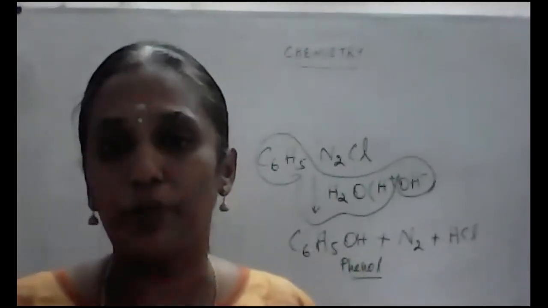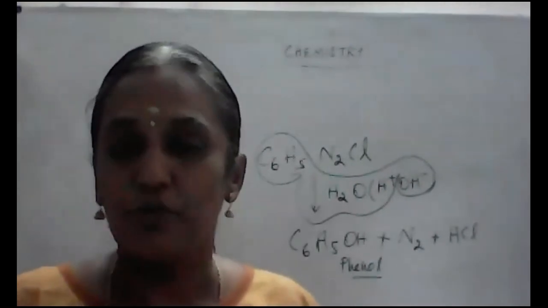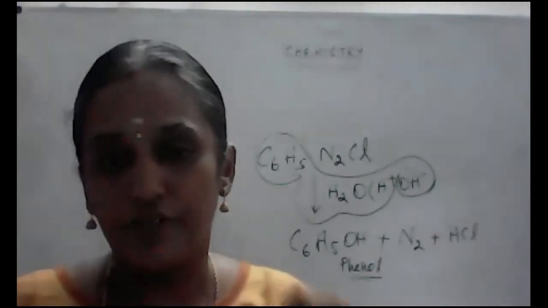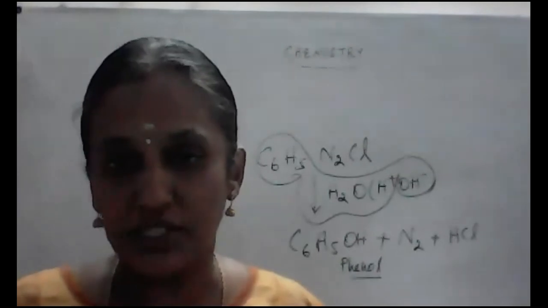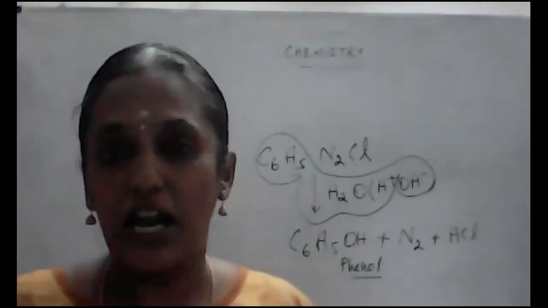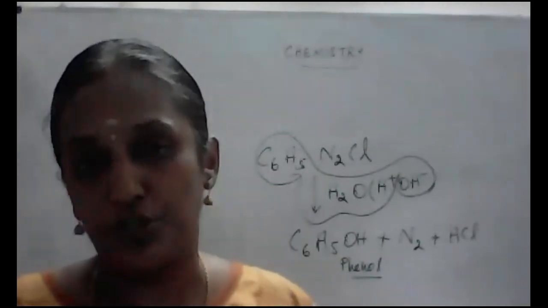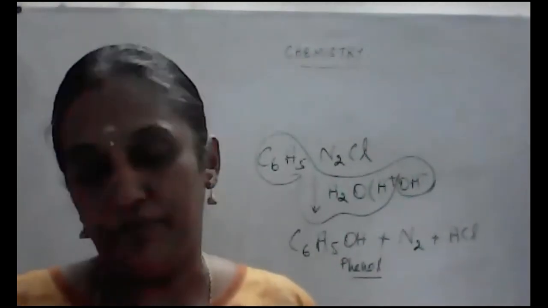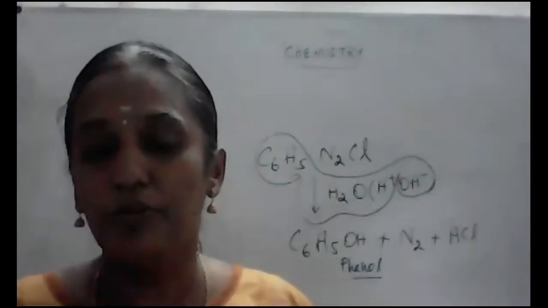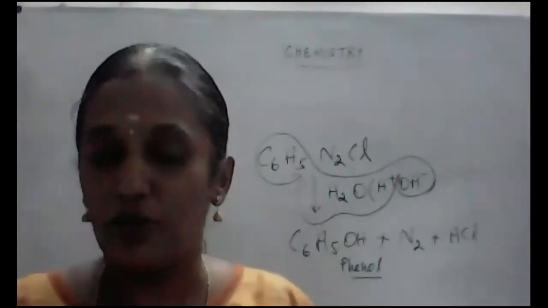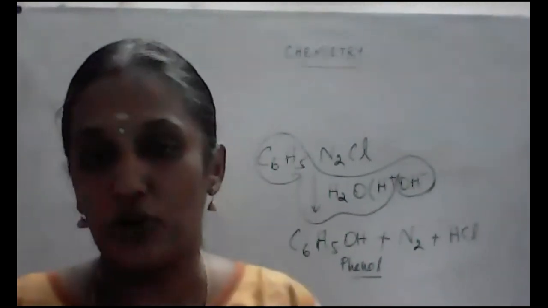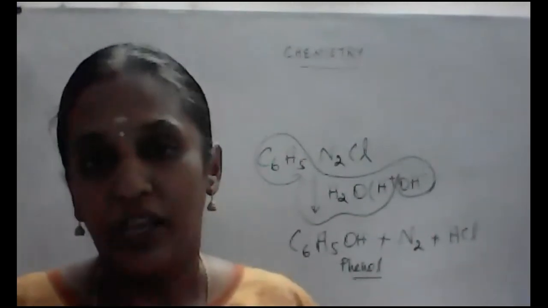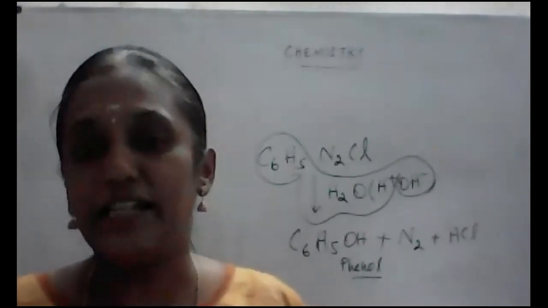We have many methods of preparation. In this class, we have discussed three methods. The first process was the Dow process, which was an example of aromatic nucleophilic substitution. The second method was from cumene, which was made to undergo air oxidation followed by hydrolysis, and we got phenol. The third one was benzene diazonium chloride.